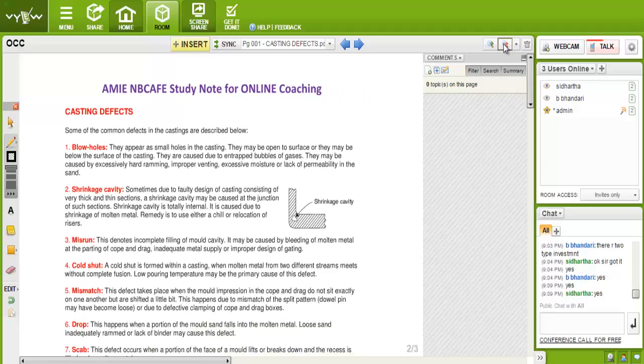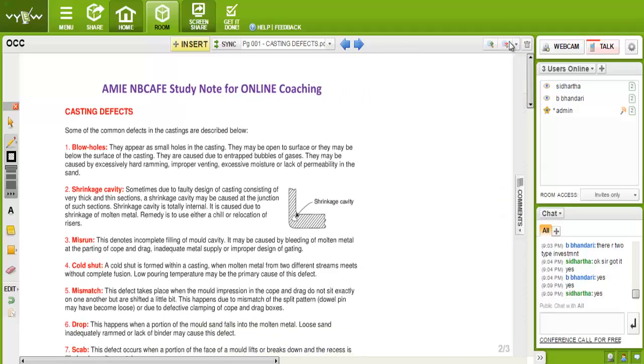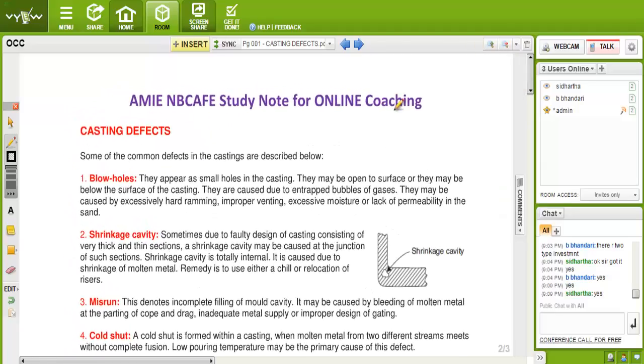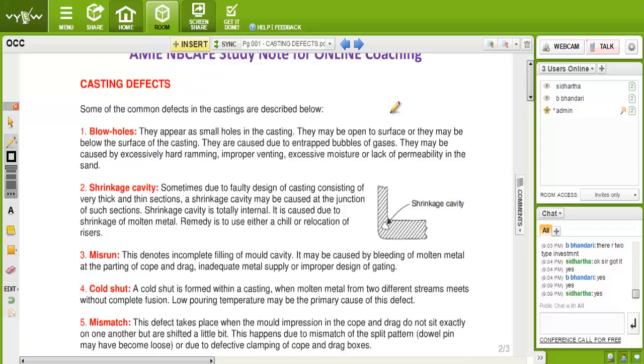Okay, now we come to casting defects. What are the defects in casting? See, some of the common defects in casting are blowholes. What is a blowhole? They appear as small holes in the casting. They may be open to the surface or they may be below the surface of a casting.